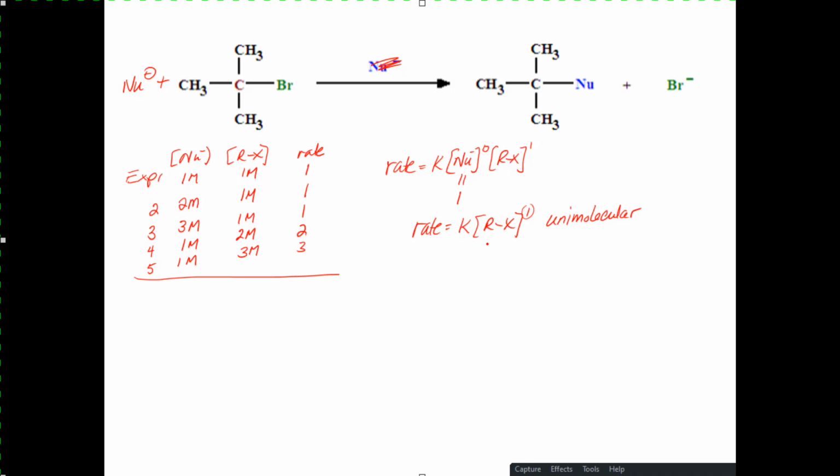So this is telling me that a tertiary halide does not undergo the same mechanism as a primary or secondary halide with a strong nucleophile. And so the question is, what kind of mechanism do we propose that accounts for this unimolecular reaction?